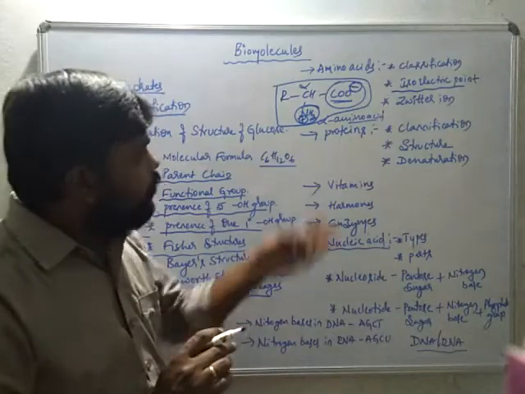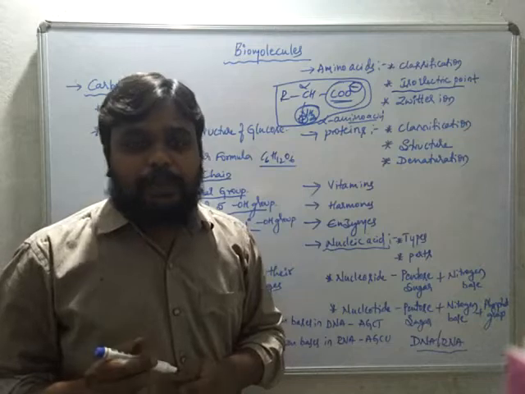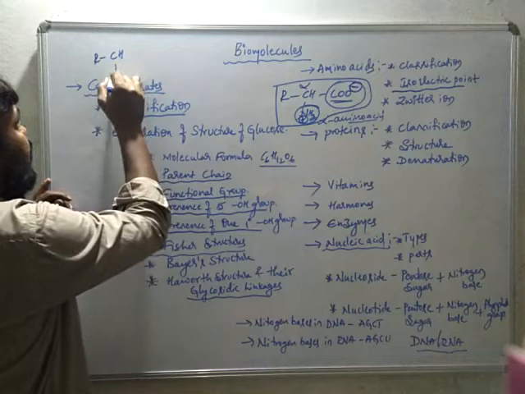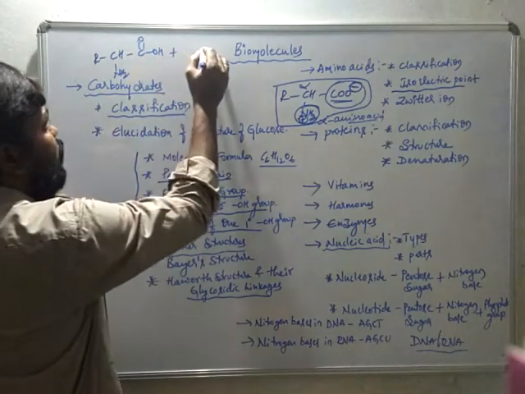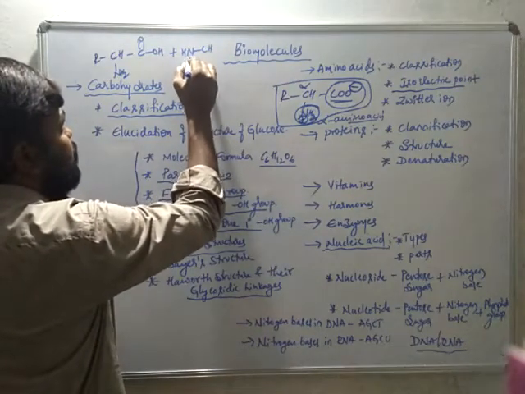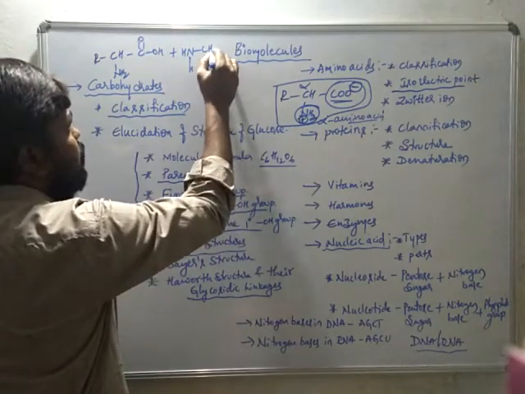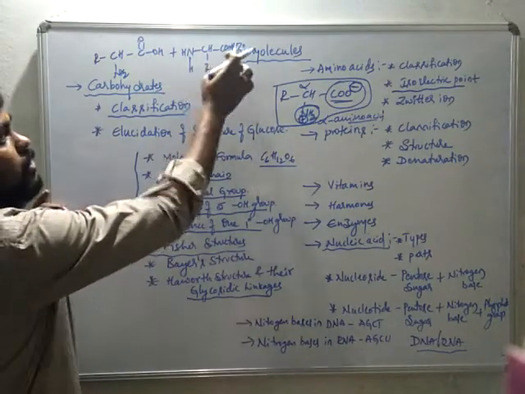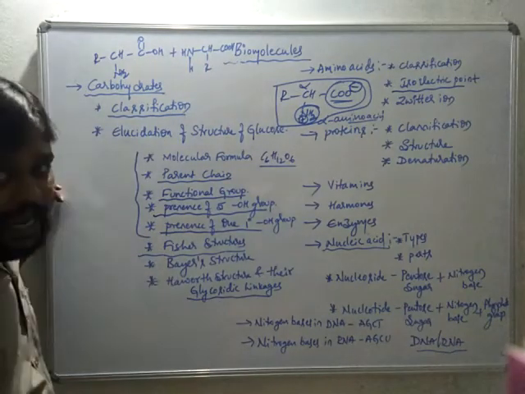After that we have proteins. Amino acids are linked together through a peptide linkage. If you take one amino acid RCH NH2 COOH, and one more amino acid RCH NH2 COOH, these two undergo a condensation reaction, you know that.